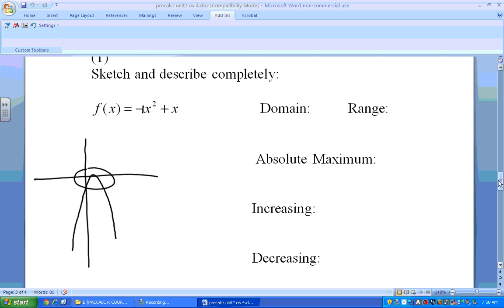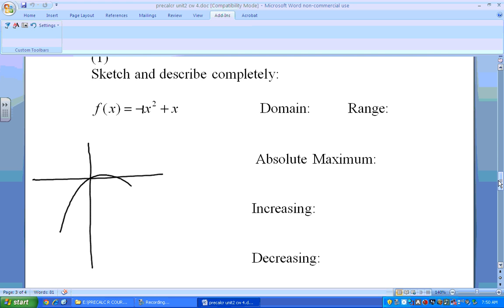So now we kind of get a better look at this. Go to window, go to X min -2, X max +2. Okay. So everybody sees where it's turning? Okay, keep it on that window for me.